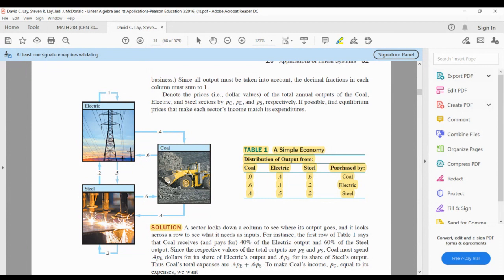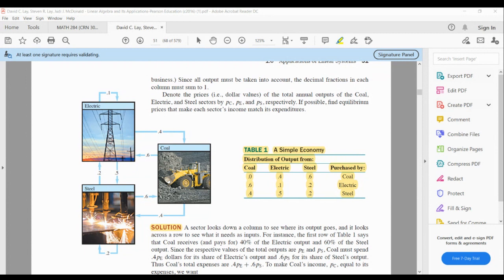One. That's right, Lewis. They add up to 1. Why do you think the vertical columns add up to 1 in this table? The decimals under coal add up to 1, the decimals under electric add up to 1, and the decimals under steel add up to 1. That's right, Lewis. They're proportions or percentages.